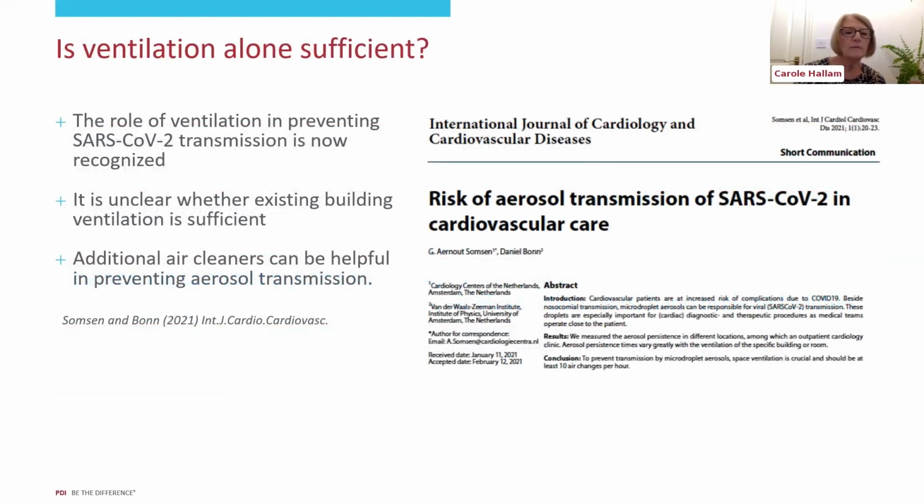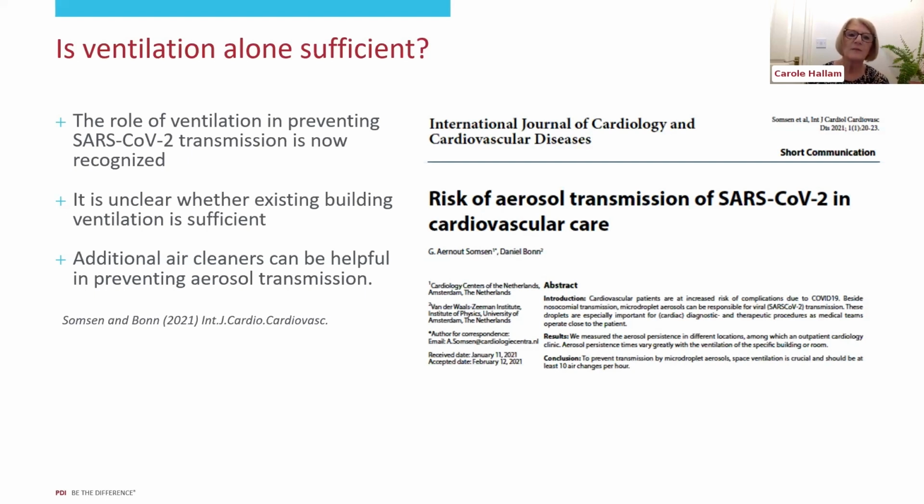So I'm just going to quickly go through some of these studies. So this is a nice study by Somson and Daniel Bond. So they looked at the transmission of SARS-CoV-2 in a cardiovascular clinic. And what they found was the role of the ventilation transmission is now recognised.